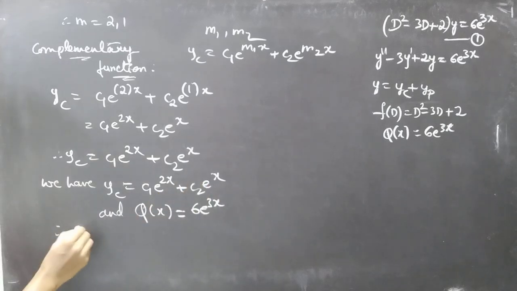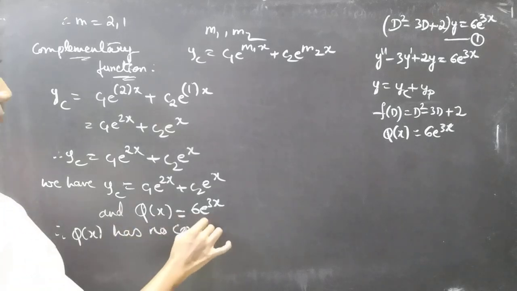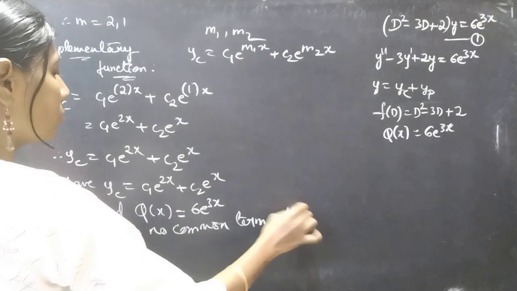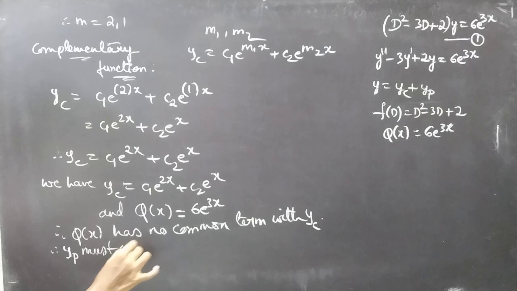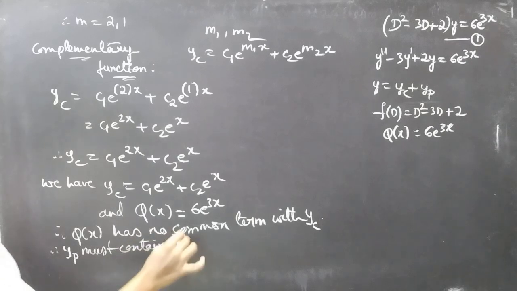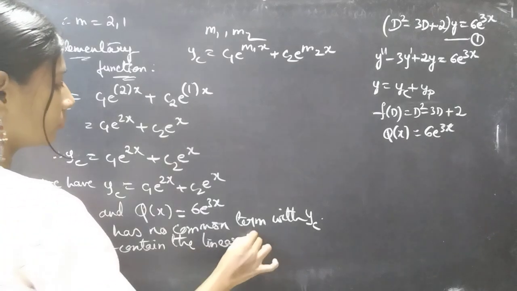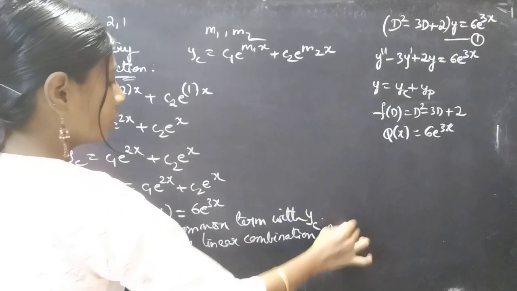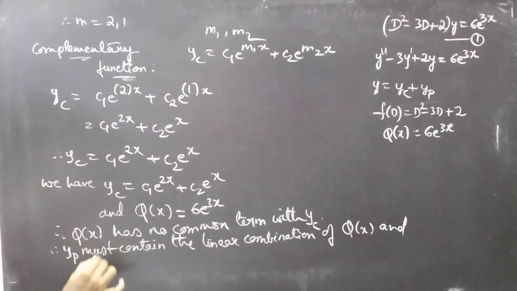So therefore we can say that Q(x) has no common term with yc. Therefore yp must contain the linear combination of Q(x) and all its linearly independent derivatives.